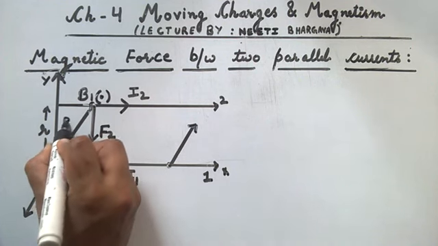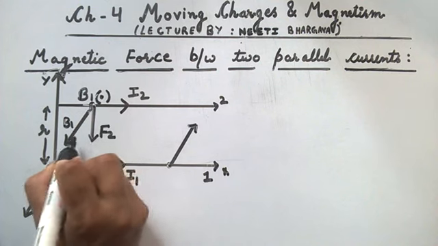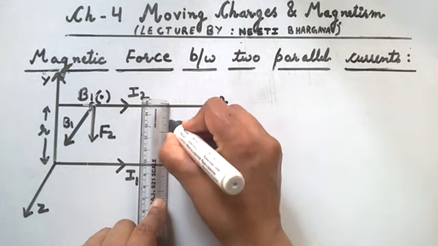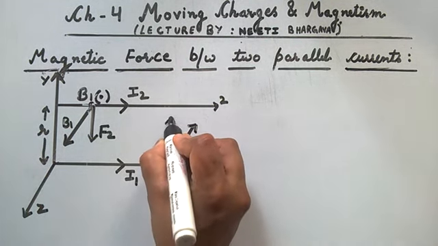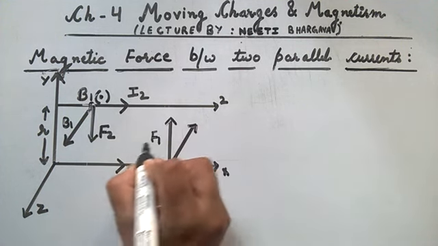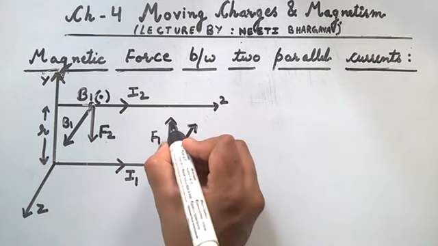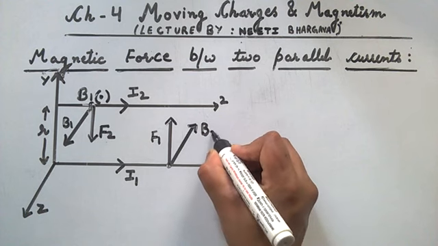This is B1. B1 and F2 are perpendicular to each other. Here also the direction of force from the right hand palm rule is along the positive y axis. We will find the values of F1 and F2 here. Now this is magnetic field B2.